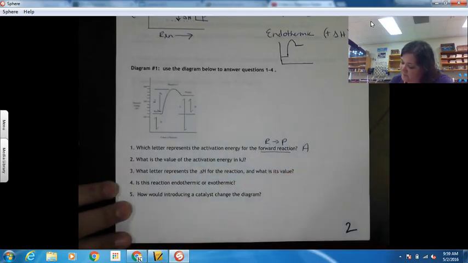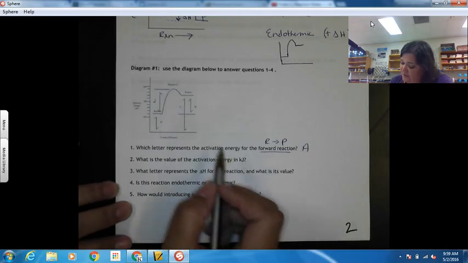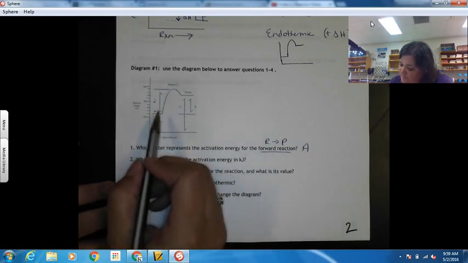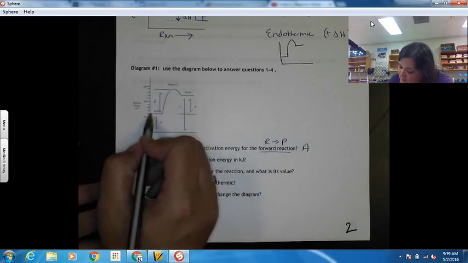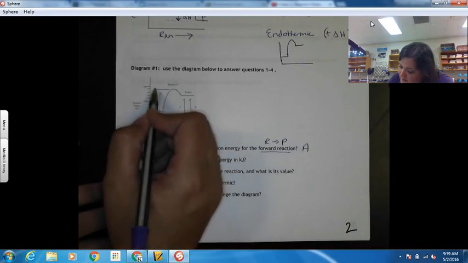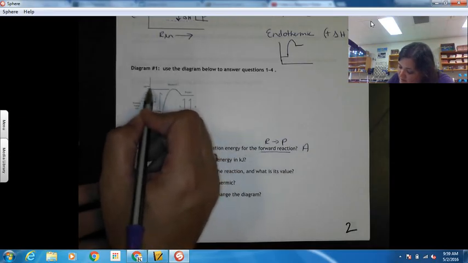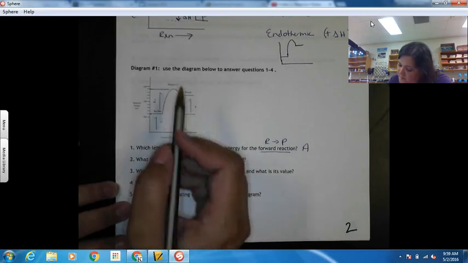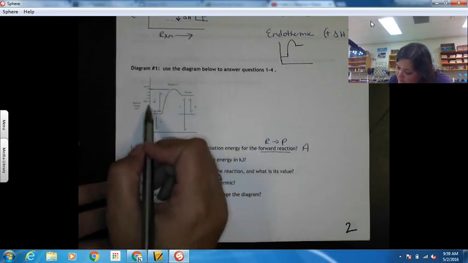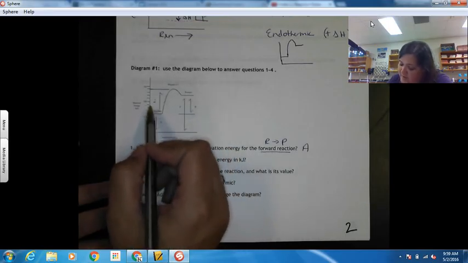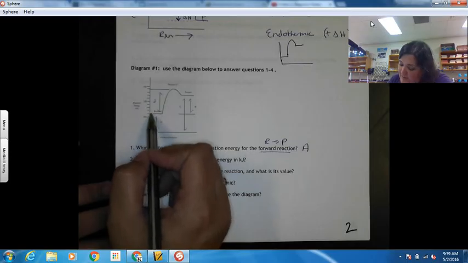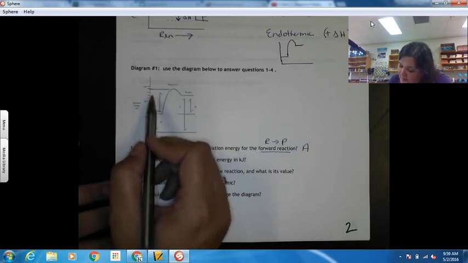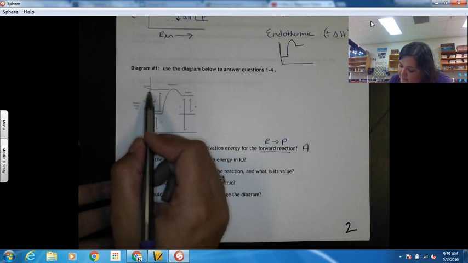Okay. What is the value of the activation energy? Well, the reactant energy starts off here, and then the energy of activation is up here. And so we have 1, 2, 3, 4, 5. So 100 is divided up into 5, so those are 20s. So that's 120 here. Up here we have 220, 40, 60, 80.